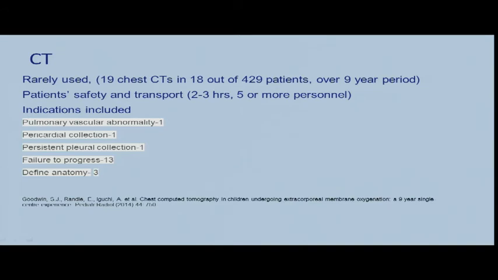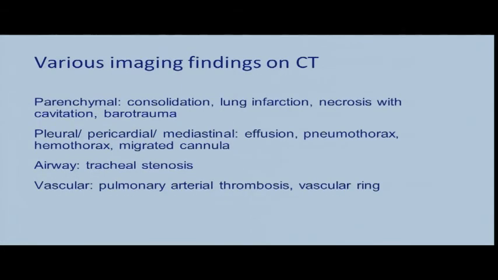The indications for the CT in that publication, the highest was failure to progress. And the imaging findings they found included consolidation, lung infarction, necrosis with cavitation, barotrauma, pleural effusion, pericardial effusion, hemothorax, pneumothorax, tracheal stenosis.